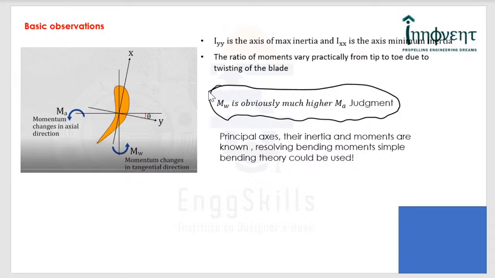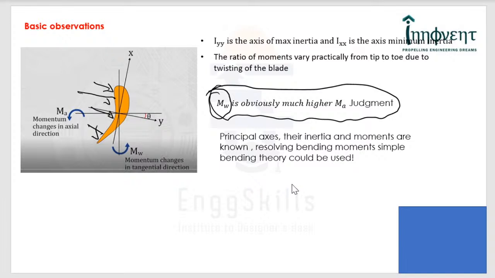Now, here it is obvious that EMW is the greater bending moment, because the maximum force is tangential to the blade, because these are the forces which drive the turbine and provide the power.